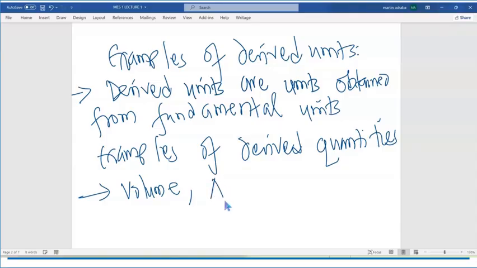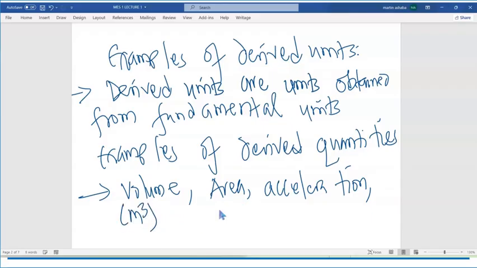Okay, people don't remember. We have area, we have acceleration. Anything that you know is expressed in more than one unit. Maybe it is meters cubed, it is meters squared. Volume is in meters cubed. The dimensions of area is meters squared.